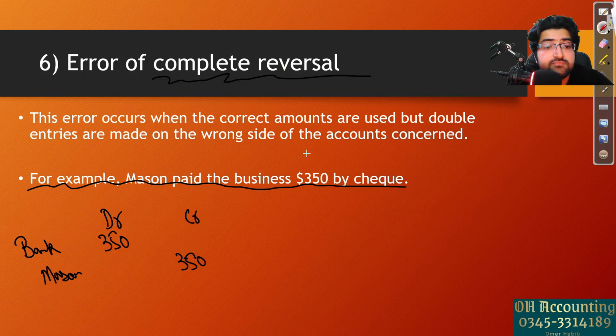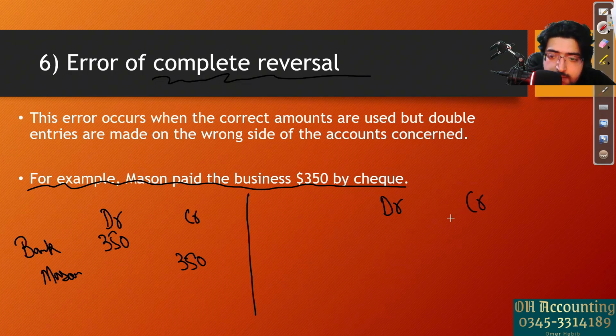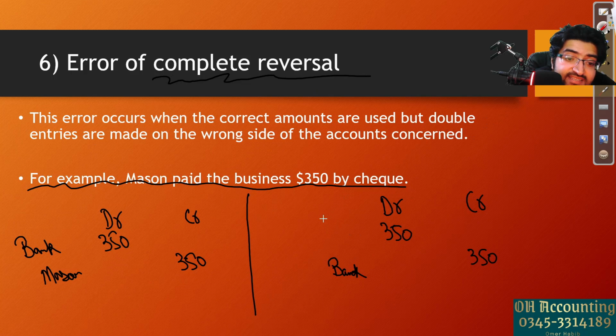Okay. So complete reversal means we have messed up not the amounts. The amounts were still 350 and 350, but what was supposed to be debited was credited by mistake. So instead of debiting bank, we have credited bank. And instead of crediting Mason, we have debited Mason.